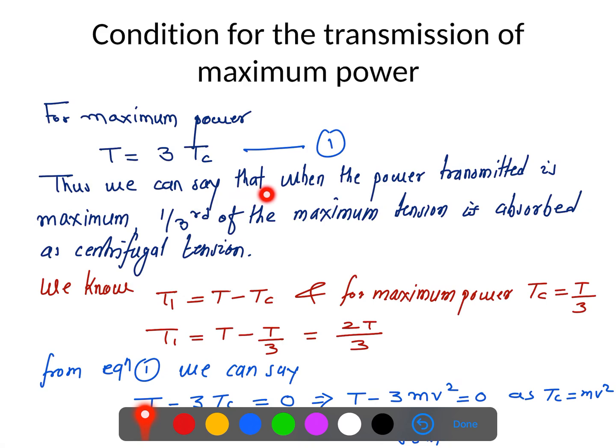Thus we can say that when the power transmitted is maximum, 1/3 of the maximum tension is absorbed as centrifugal tension.